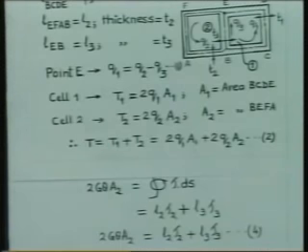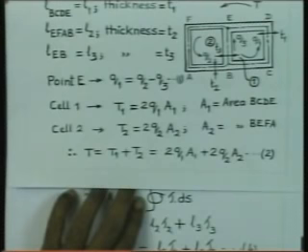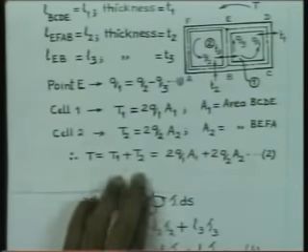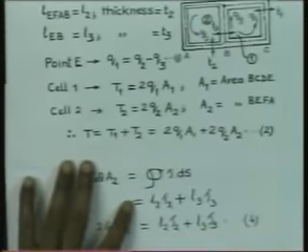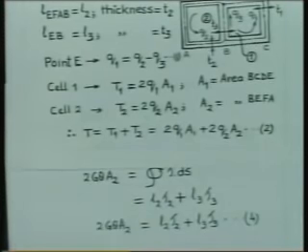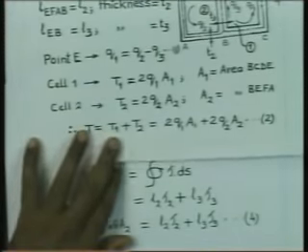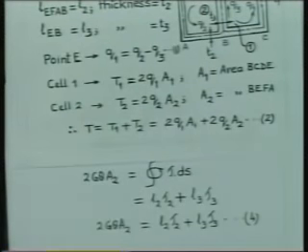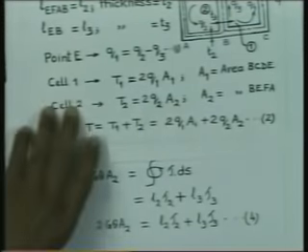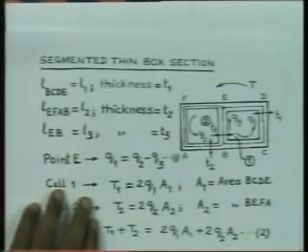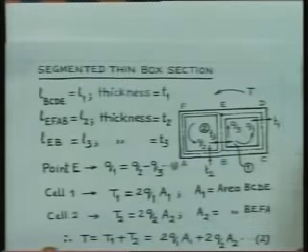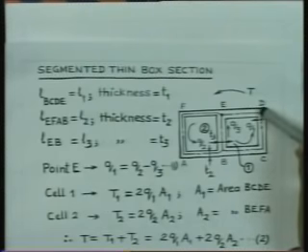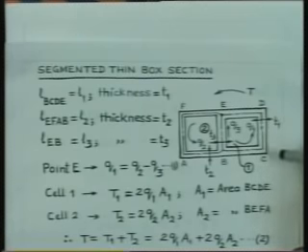We would like to illustrate this by considering one example in the next lecture. One point I must tell you is that this analysis is approximate, it is not to be taken as exact. We know that the stresses at the corner are going to be 0, but in this analysis it is assumed to be non-zero.